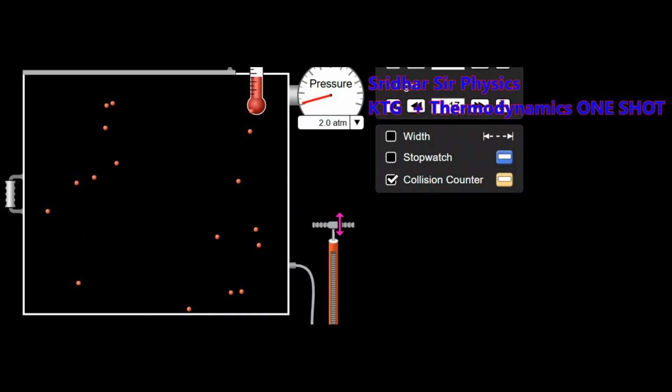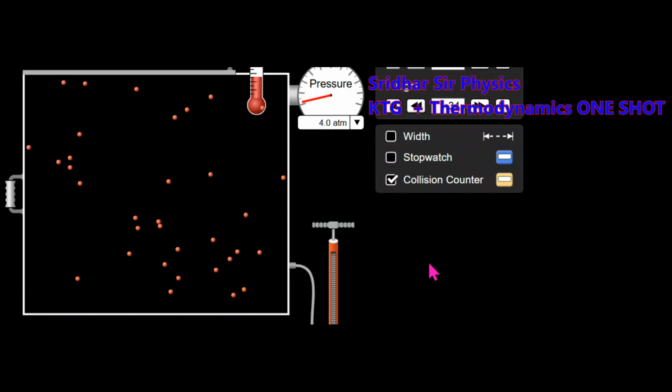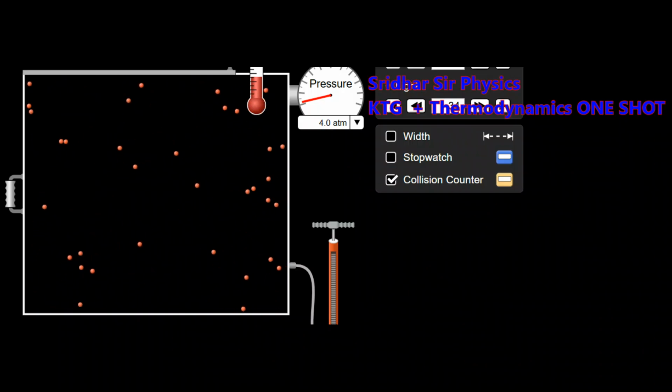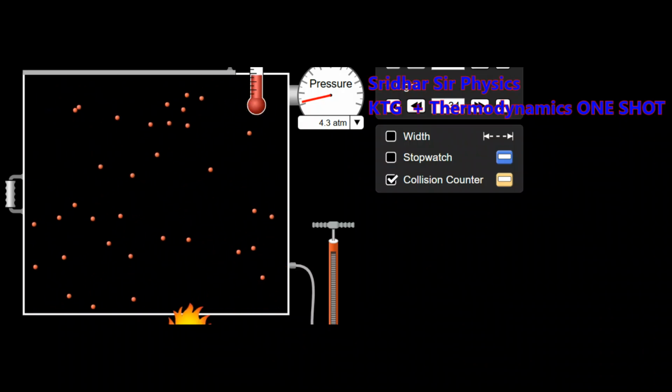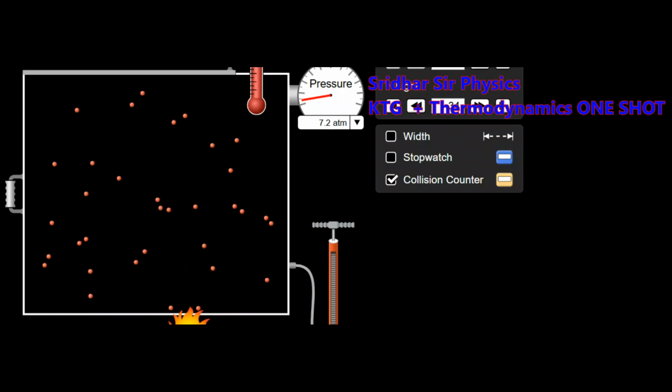Now I will increase the number of molecules. Definitely more number of collisions. So definitely the rate of collision per unit area depends on the number of molecules. Okay, I agree with this one. As we raise the temperature now, you can see the number of collisions per second per unit area will increase.